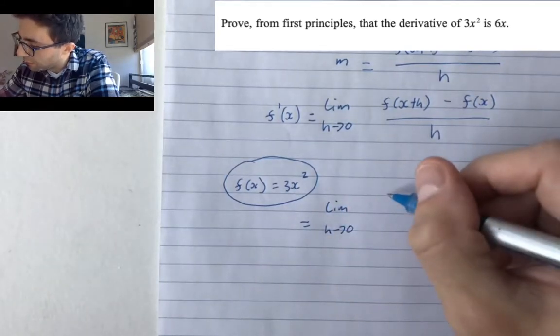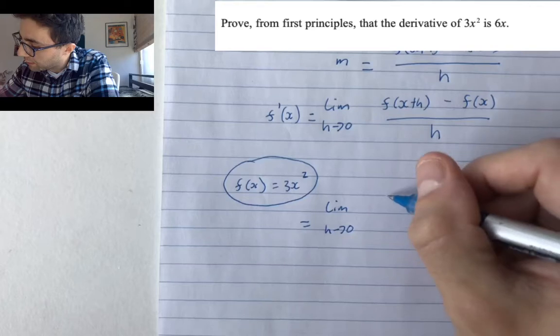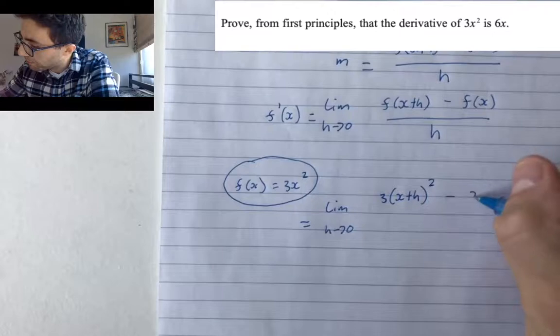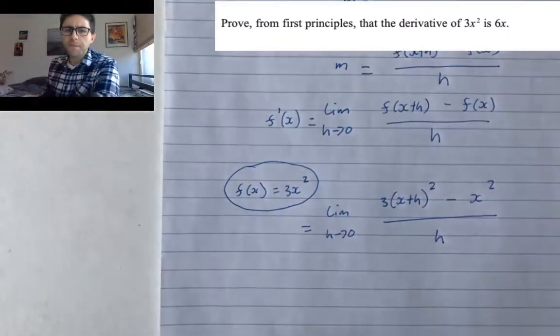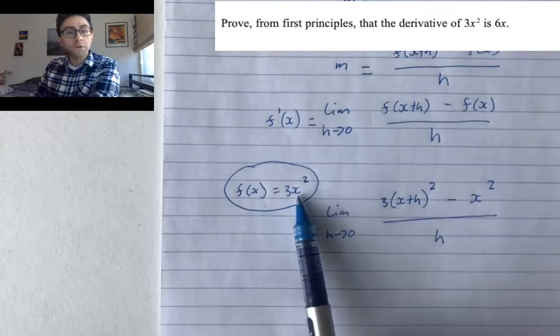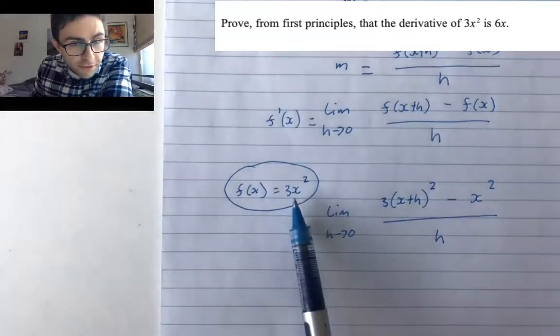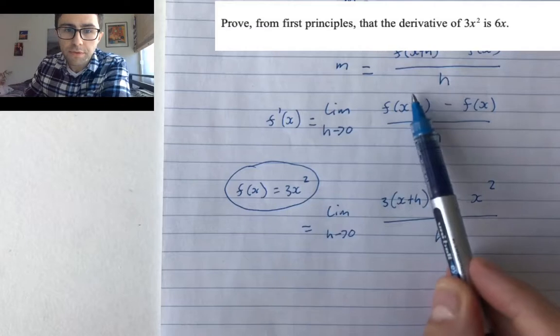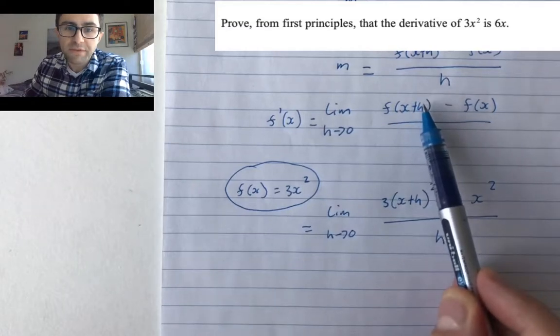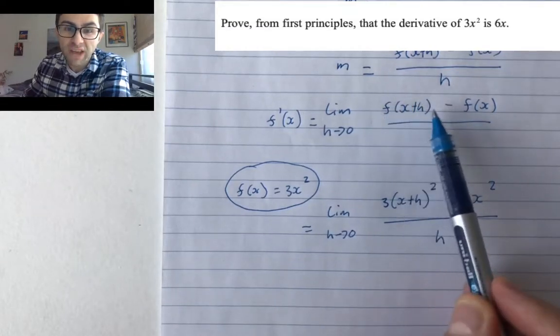Now this is where people might think, well, I don't know. This is a step which can be a little bit dodgy for people. And we'll write it out first and then chat if required. Your function is 3x squared. So, everywhere there's an x, you need to put an x plus h if you're wanting to do f of x plus h, right?